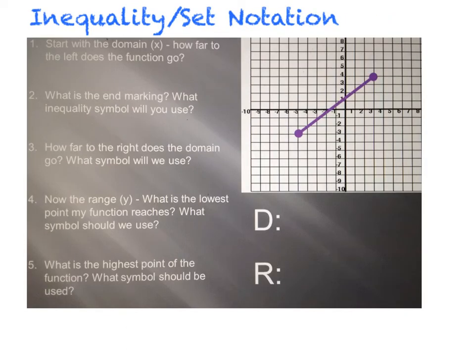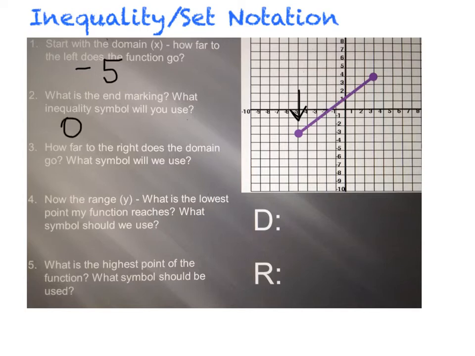Now we're going to practice using inequality and set notation. First, we're going to look at our domain, which we know is the x values. So we're first going to see what is the furthest left x value, which if I look here, I see that is -5. Then I need to pay attention to the end marking.